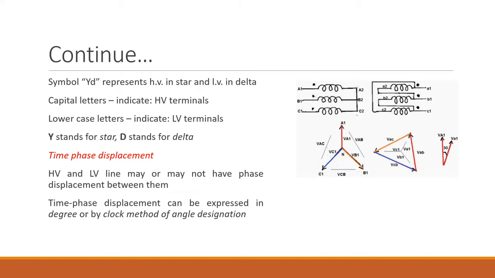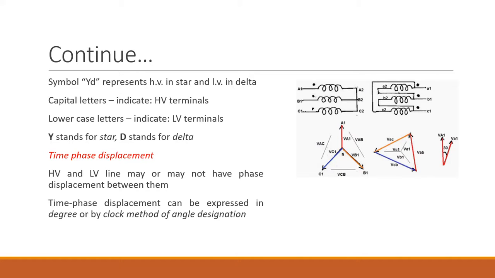Here the Y is written in capital letter and the D is written in lowercase. So this capital letter is indicating that it is the HV terminals. It means the HV terminal is connected in Y fashion. Till now we were talking about primary and secondary.